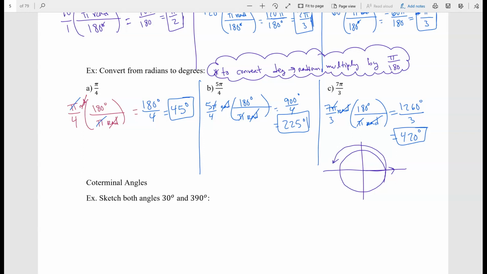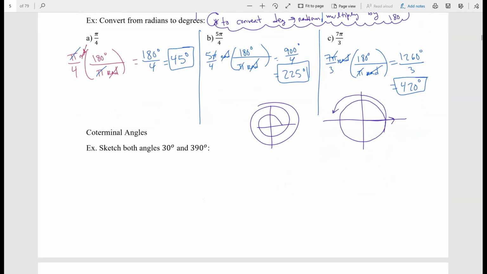So you can continue going many different revolutions, right? So this is no longer 360 degrees, it's more than 360 degrees. Basically, you can exceed 360 degrees, just like you can go below 0 degrees to negative degrees.